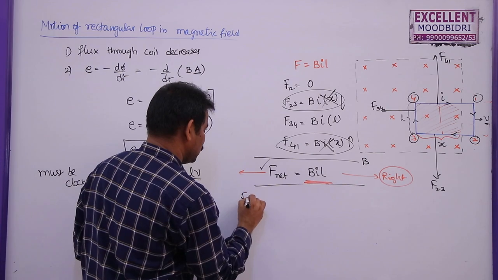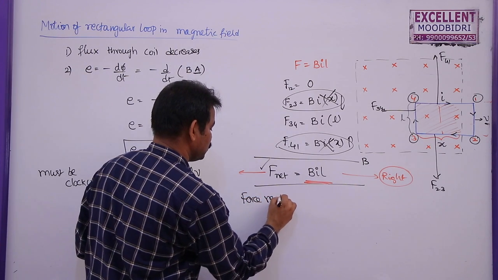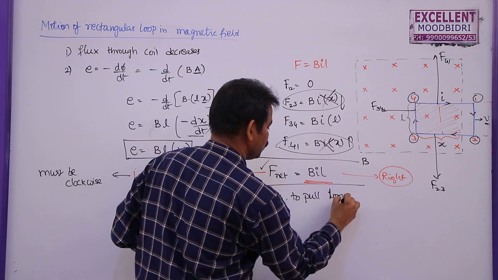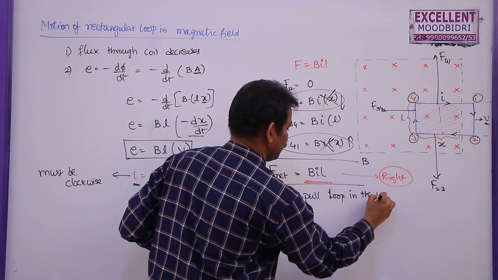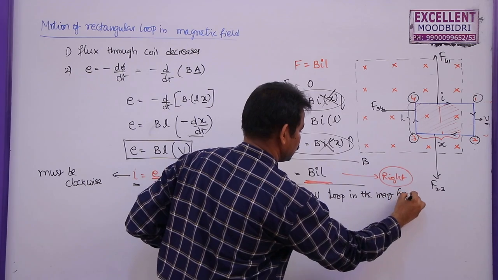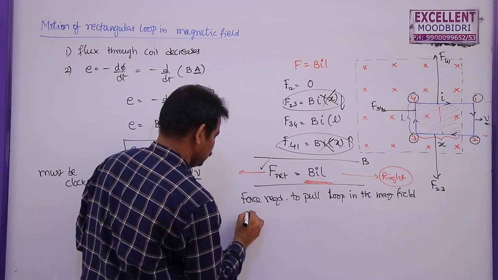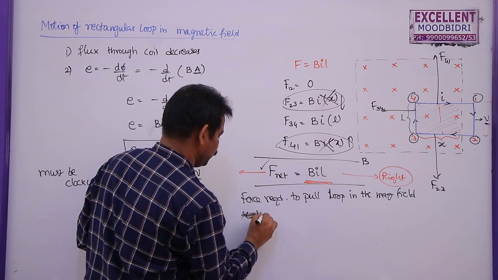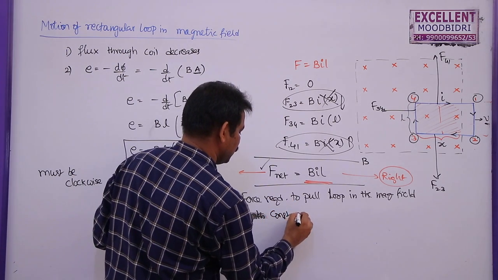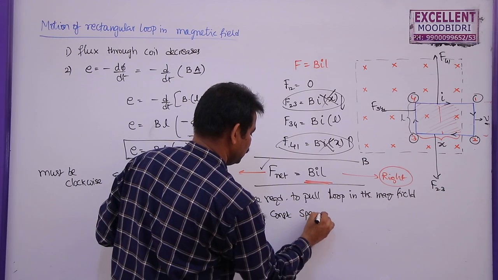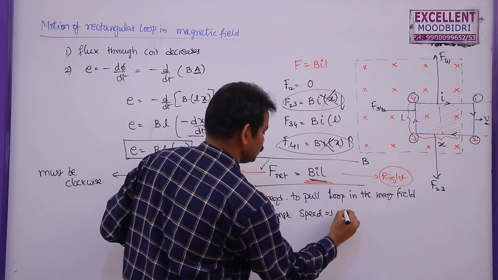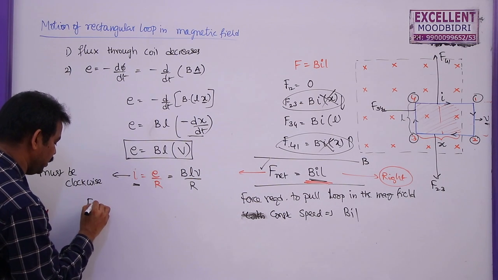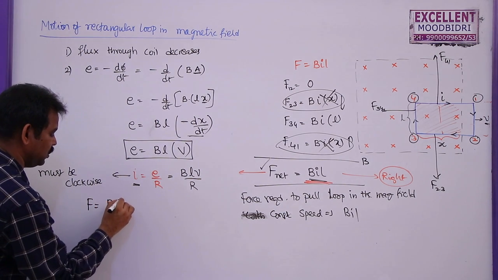So force required to pull the loop in the magnetic field with the constant velocity is equal to BIL. So now I am going to write how much force is required. Force required is equal to BIL.